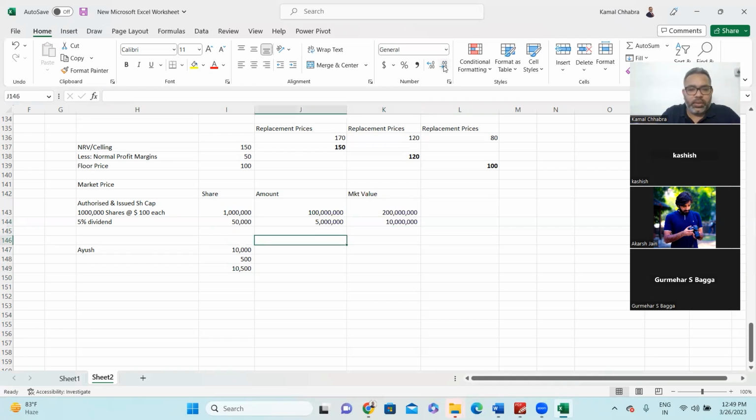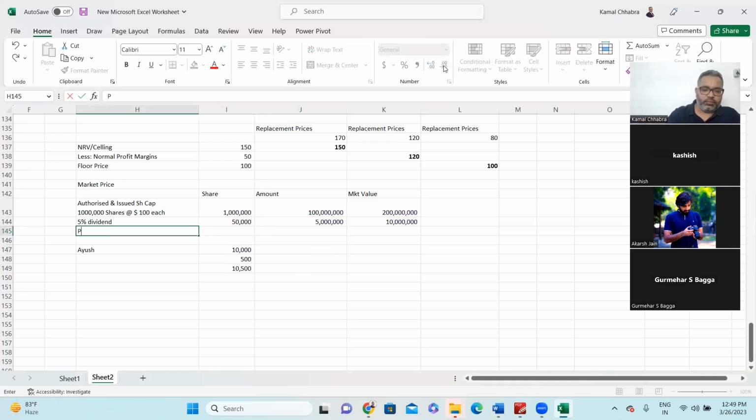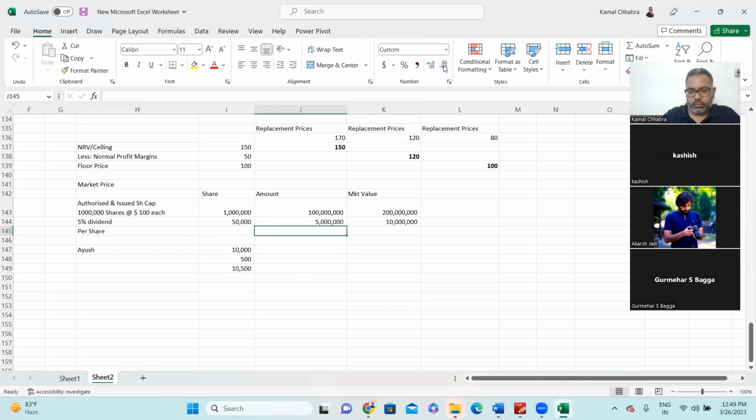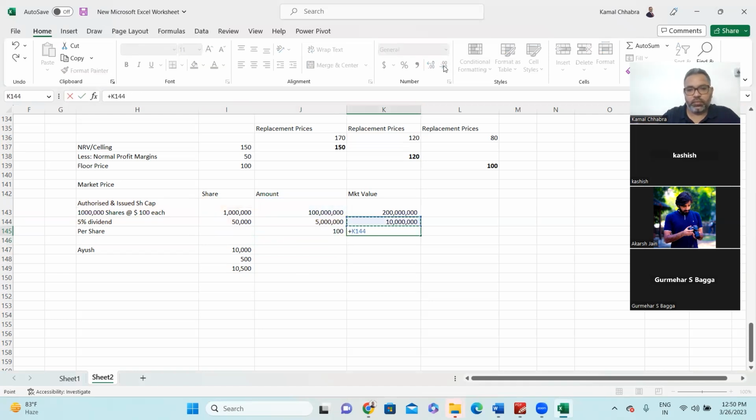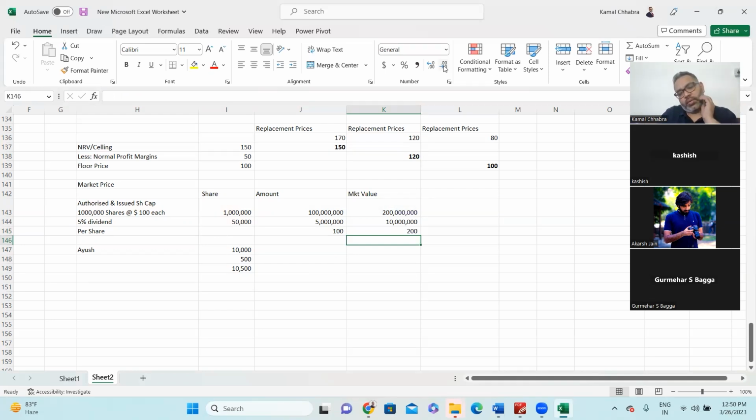So now what is the market value of the shares which Ayush has?